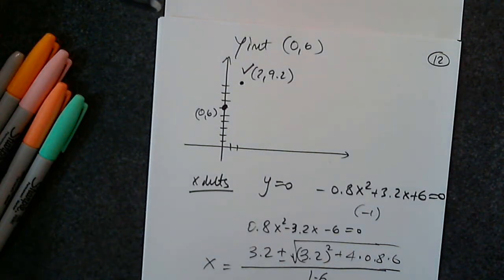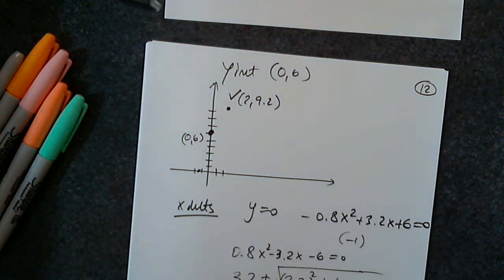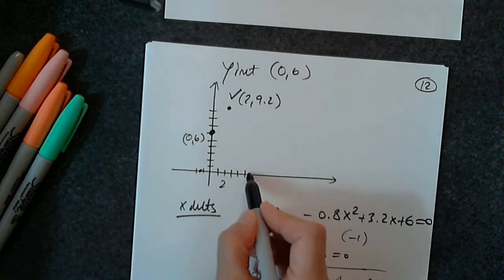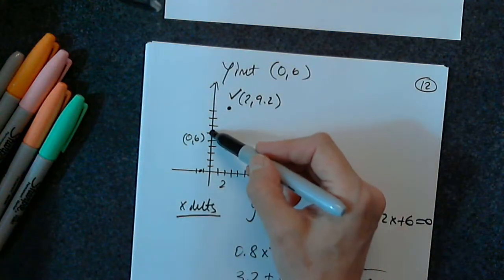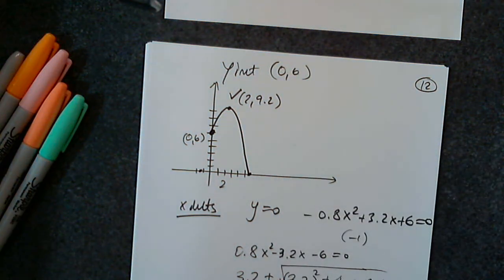I determine that as being negative 1.39 feet, which is going to be here. But this one is 5.3, so this was 2, 3, 4, 5.3. So here's the graph of the trajectory of the ball, and we graphed it. That was part C.